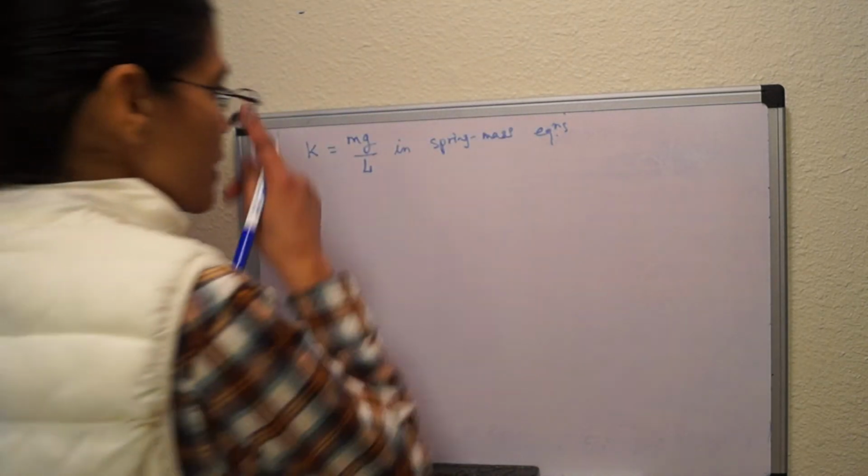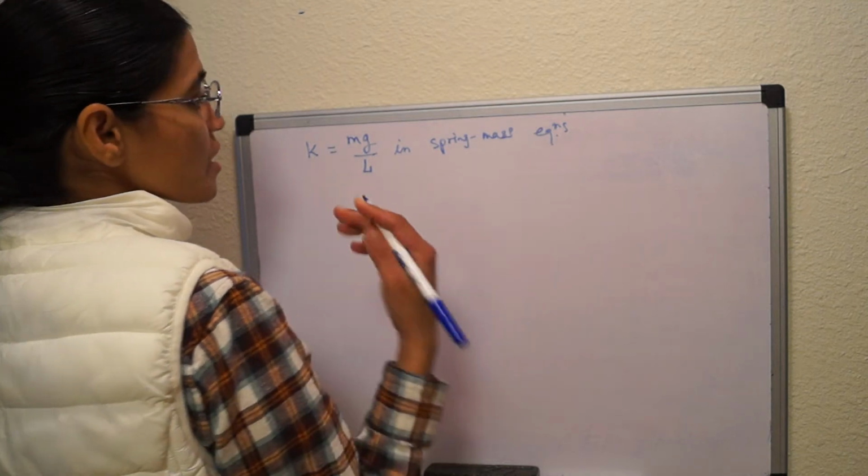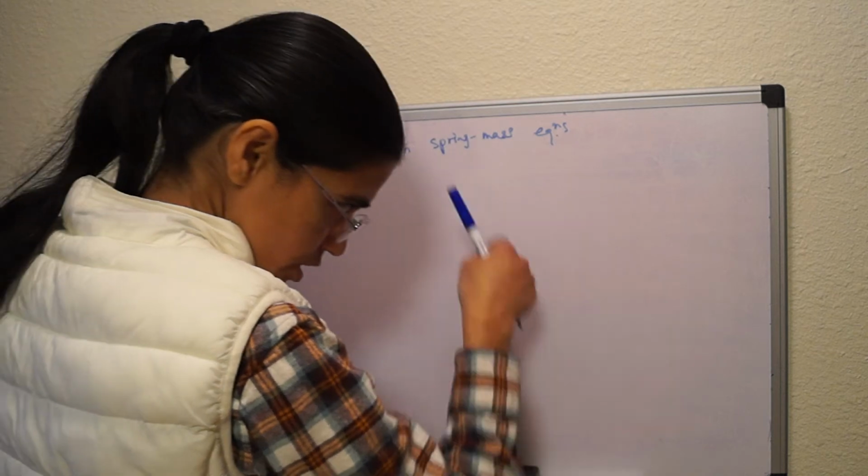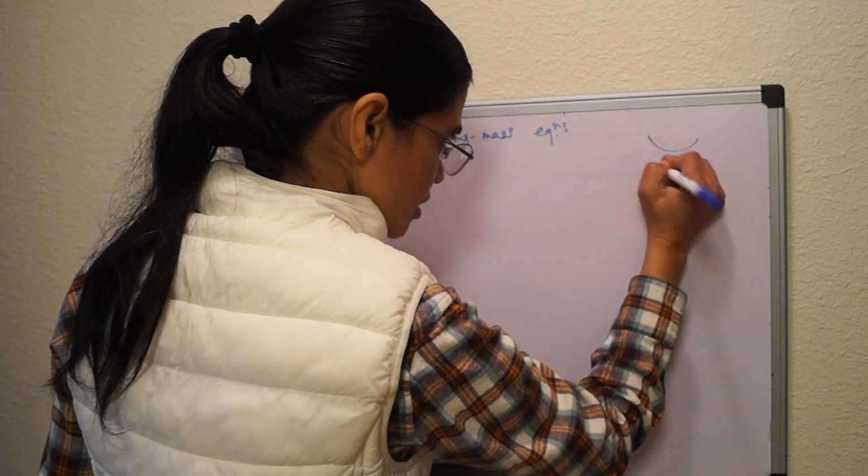So then what we have is our position versus time graph. In this case the position is the arc length, the change in this arc, S here.